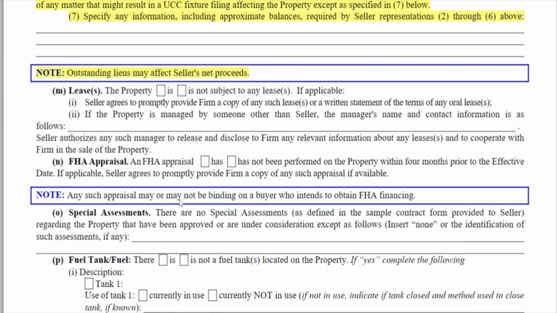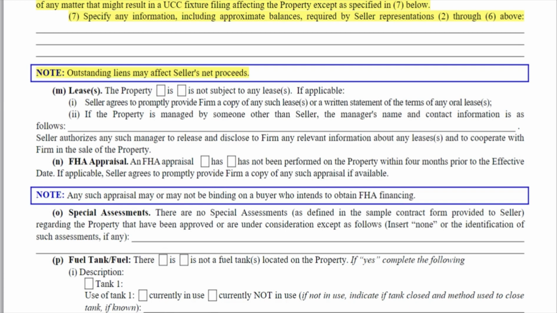Note: outstanding liens may affect the seller's net proceeds. So just know that once we get your house listed, or once we're doing the paperwork to list your home, we're going to do an estimated seller net sheet for you. So let's just say you were supposed to receive $20,000 back.